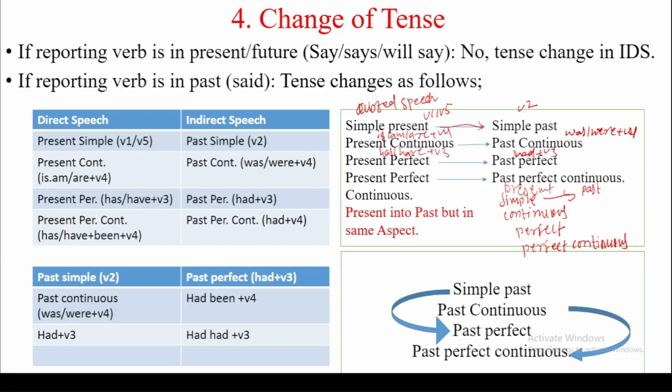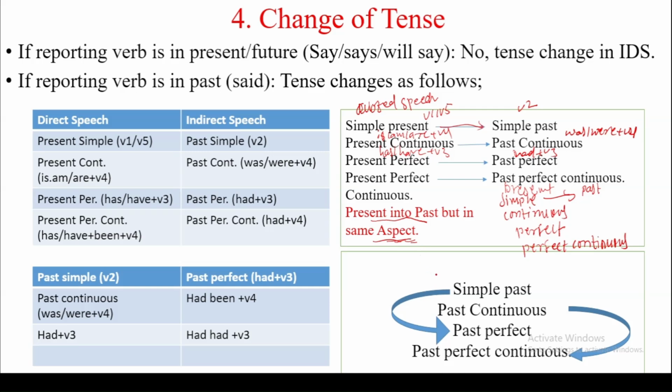So this is the trick regarding the change of tense. If the quoted speech is in present tense, it means present into past, but in the same aspect, in short.